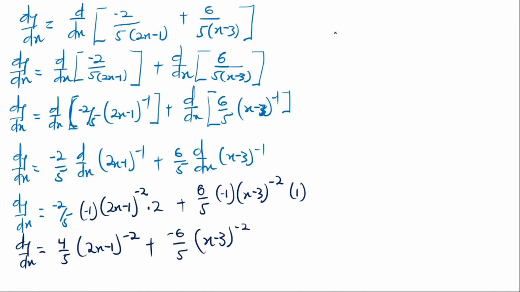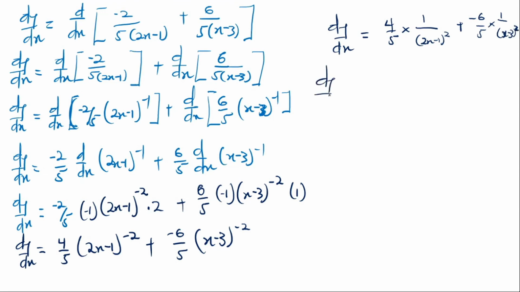So finally our dy/dx is now equal to 4/5 multiplied by 1 over (2x - 1) all squared, then plus -6/5 multiplied by 1 over (x - 3) squared.